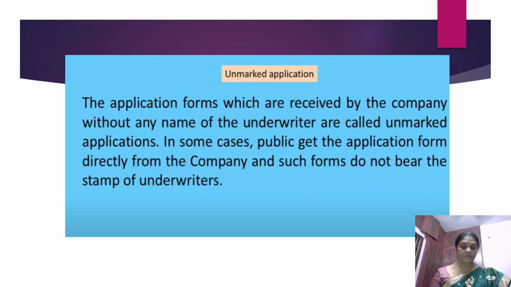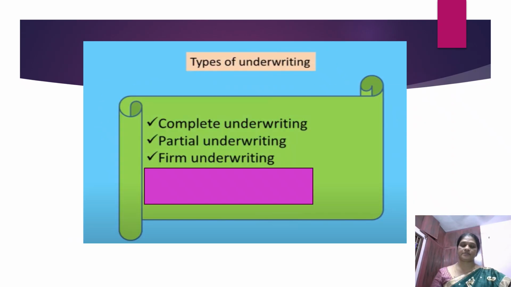In some cases, the public gets the application form directly from the company, and such forms do not bear the stamp of the underwriters. Next, the types of underwriting: complete underwriting, partial underwriting, and firm underwriting.